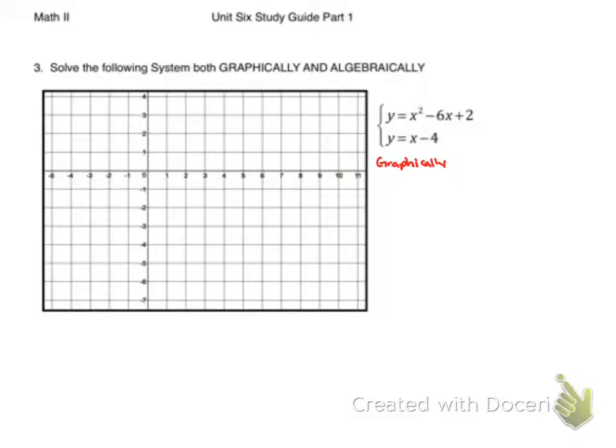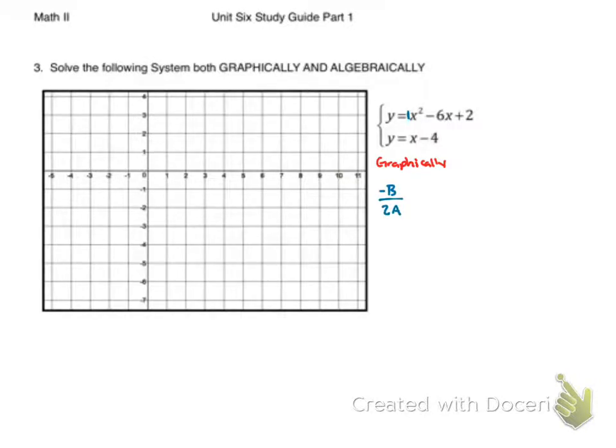So remember, step one, and this is on the board in the classroom as well, is whether your graph opens up or down. A is equal to 1, which means our graph opens upward. Step two is finding the vertex. We use negative b divided by 2a to find the vertex.